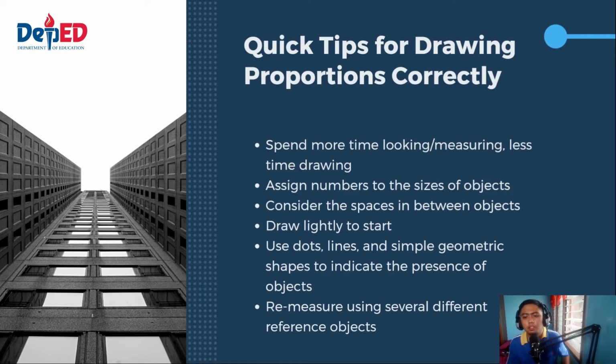Assign numbers to the sizes of objects. Let's say you have 4 kinds of boxes. The smallest is the first and the biggest is the last one. It depends on the position of your object in the canvas, in the foreground, midground, or background, and you should identify already the numbers or the measurements or the dimensions of those objects.